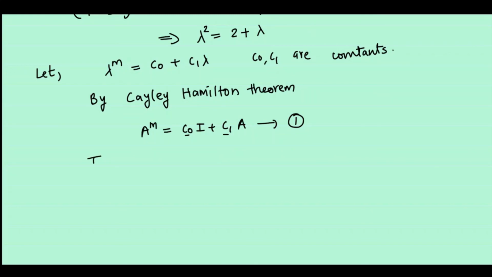So, to get C0 and C1, we have the characteristic equation. We have lambda raised to m equal to C0 plus C1 lambda.